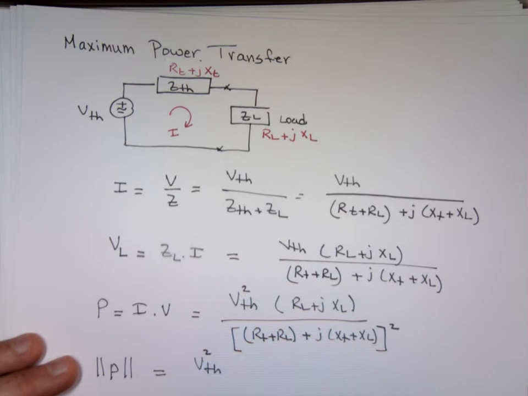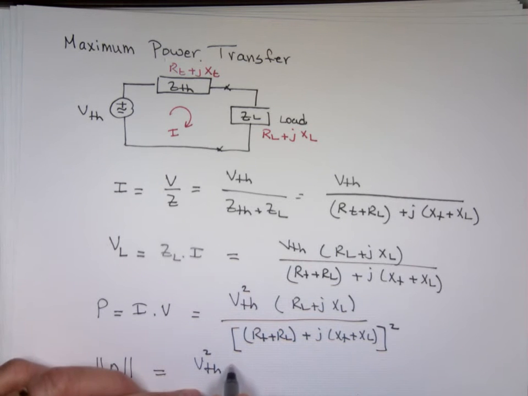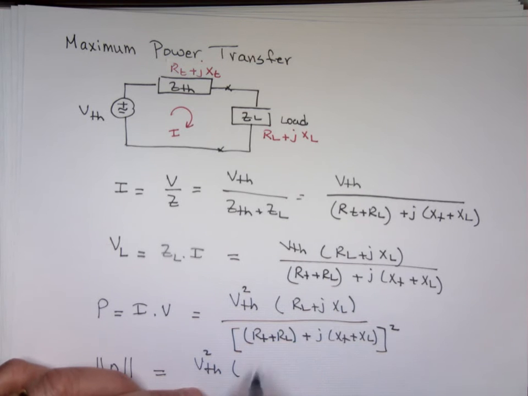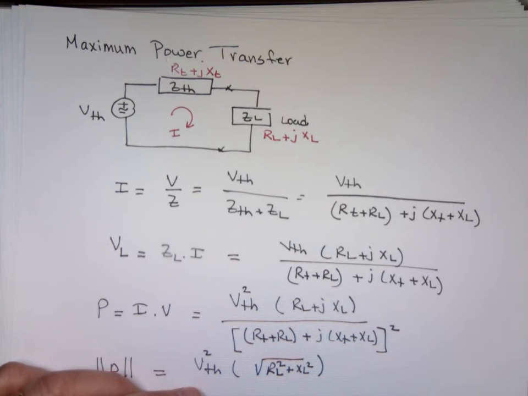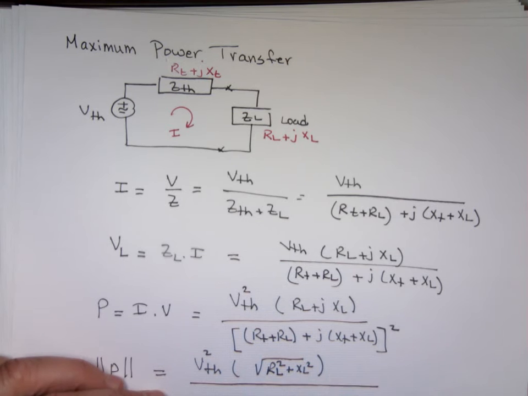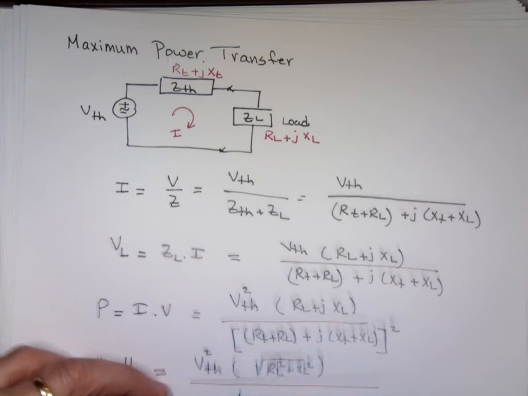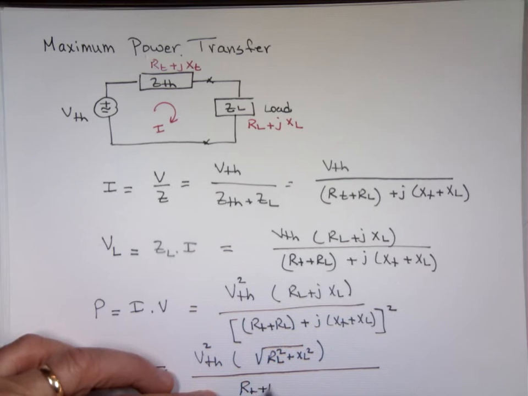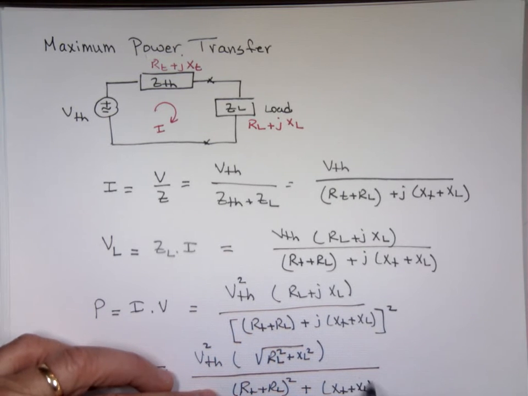So V Thevenin squared times, let's take the value of that, the square root of RL squared plus XL squared, over, well, the j disappeared. You take the real portion, the imaginary portion, then you take the square root of that. Over this one, the magnitude is the square root of R Thevenin plus RL squared plus X Thevenin plus XL squared.